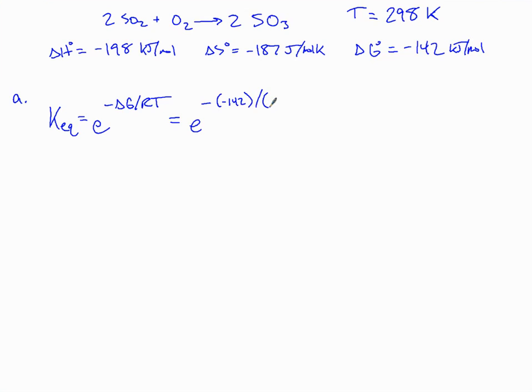R. There's 3 different values for R on your AP formula sheet. We're working with joules and kilojoules. One of your values for R has joules. Keep it in the family. Use the joules. 8.314, and that's joules. Let's make it kilojoules. And temperature is 298 Kelvin.